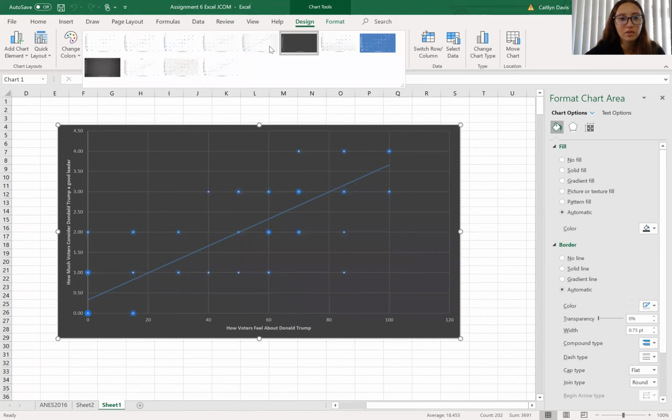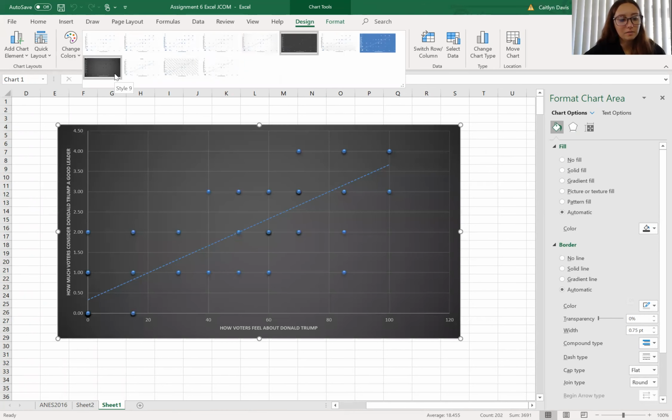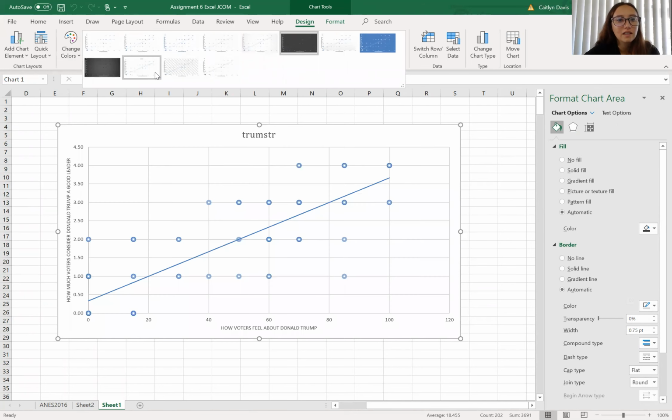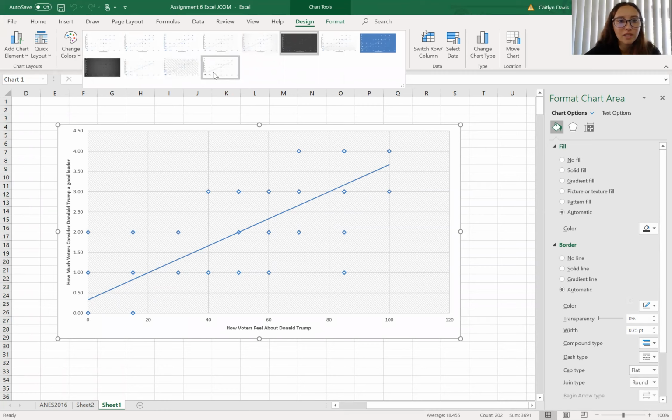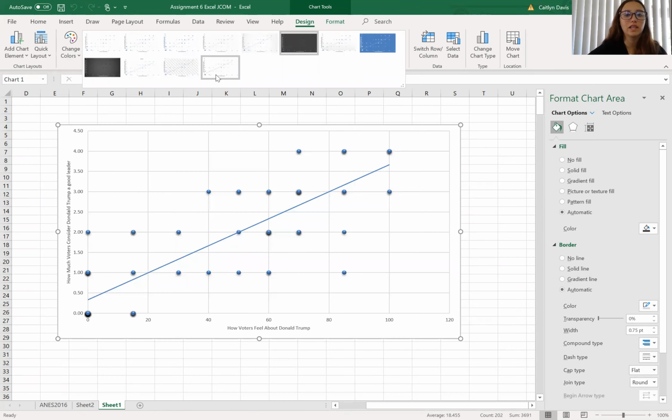So I would scroll through these to see what I had first. I didn't like a lot of them only because, as you can see on mine, the dots are wider when we have more people in that area and smaller when there's not as many people in that area. And so this one was kind of hard.